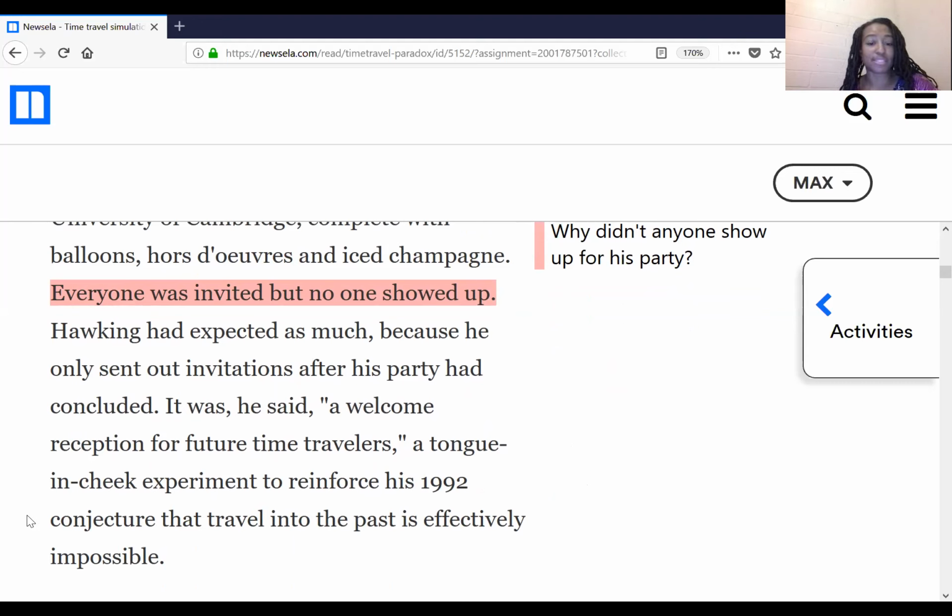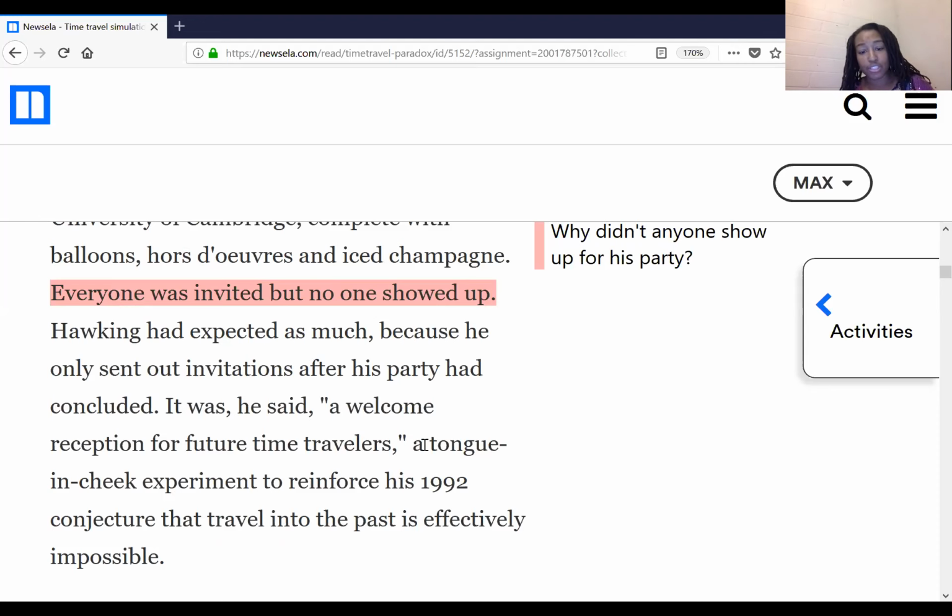Oh my goodness. Hold on one second. I have to reread this. Hawking had expected as much because he sent invitations out after his party had concluded. This guy is a trip. It was, he said, a welcome reception for future time travelers, a tongue-in-cheek experiment.